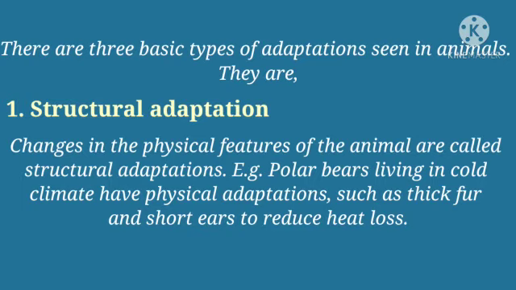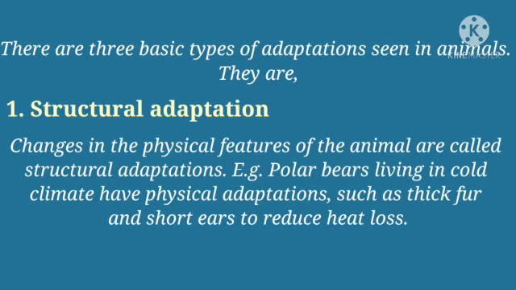The changes in the physical features of the animals are called structural adaptation. So what are the physical changes that are happening in its body? The changes in the physical features of the animals are called structural adaptation.